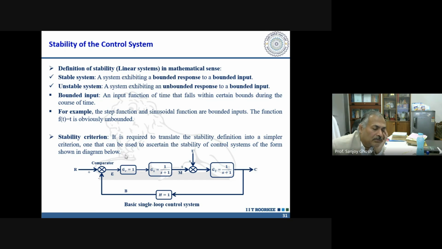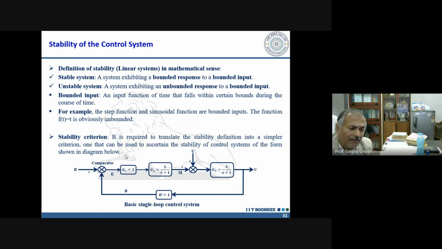One is the proportional controller, another is the PI controller, that is proportional integral controller. Another is the PD controller, proportional derivative controller. Another is the PID controller, proportional integral and derivative controller. I have not put their transformations here. Now I'm going straight to the stability point.